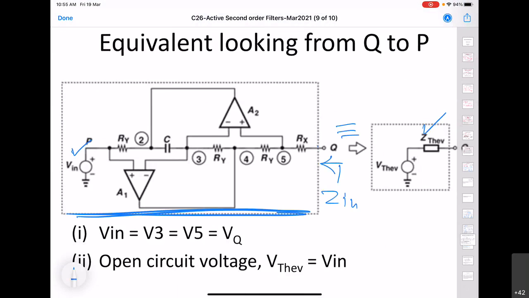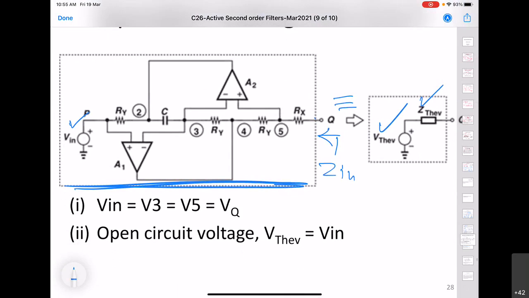So we have to find out Z Thevenin and V Thevenin. Here finding V Thevenin is simpler, because from virtual short, this node and this node are going to be of the same voltage. So this is V in, so this is also V in. Now this node and this node are also going to be the same voltage, so this is V in.